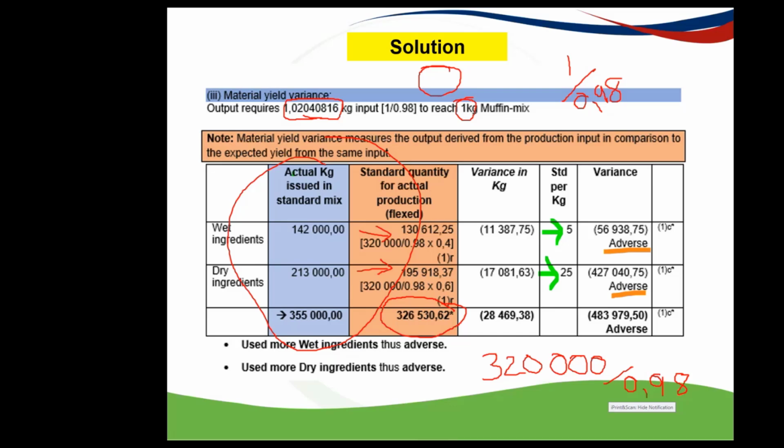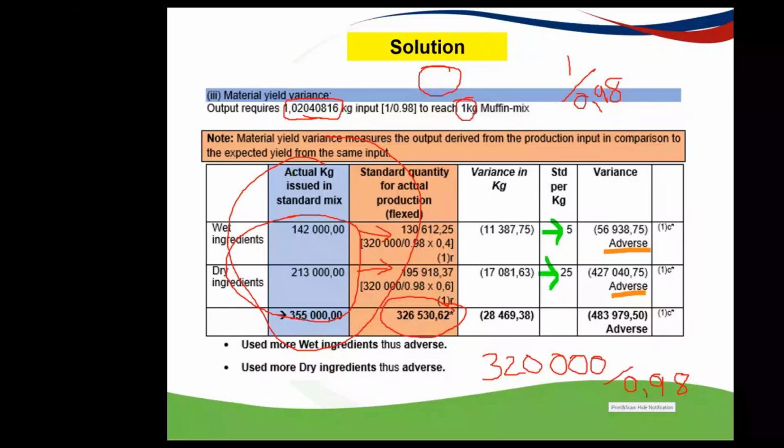Okay. So now I'm allocating that. So I've got the actual that I've used on my production floor. I've input into my machines 355,000. But now I know I only produced 320,000 of these things. But now I have to compare my input because I'm comparing my ingredients. So I have to know how much ingredients would have been needed to get to 320 if I didn't have an abnormal loss.